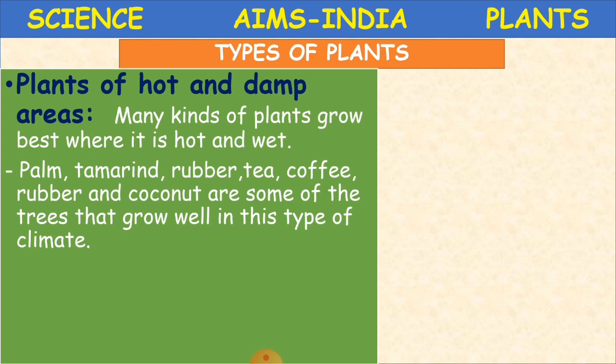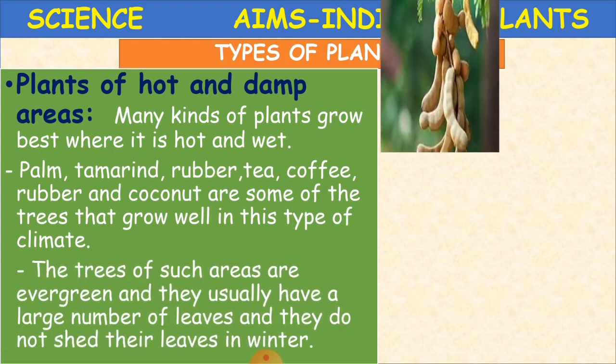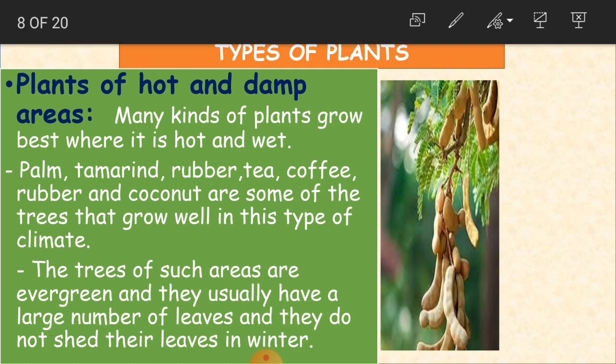These plants prefer this type of climate, which is hot and wet. These trees grow well in this climate, and the trees of such areas are evergreen. They usually have a large number of leaves and do not shed their leaves in winter.